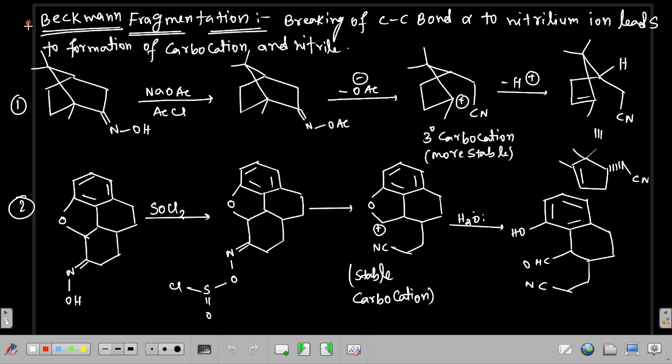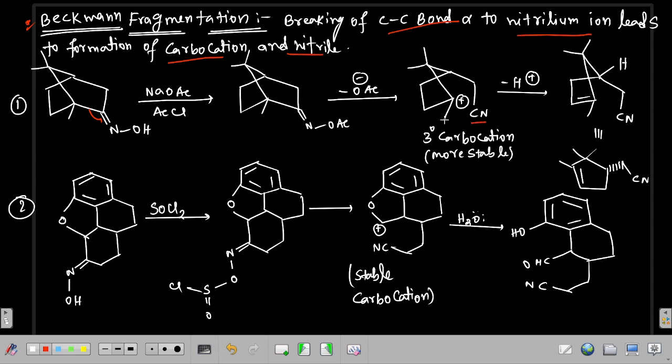Next is Beckmann fragmentation. This is a breaking of the CC bond which is alpha to the nitrilium ion, and it leads to the formation of a carbocation and a nitrile. So in this case this CC bond, which is alpha to the nitrilium ion, will break, and it leads to the formation of this carbocation and nitrile.